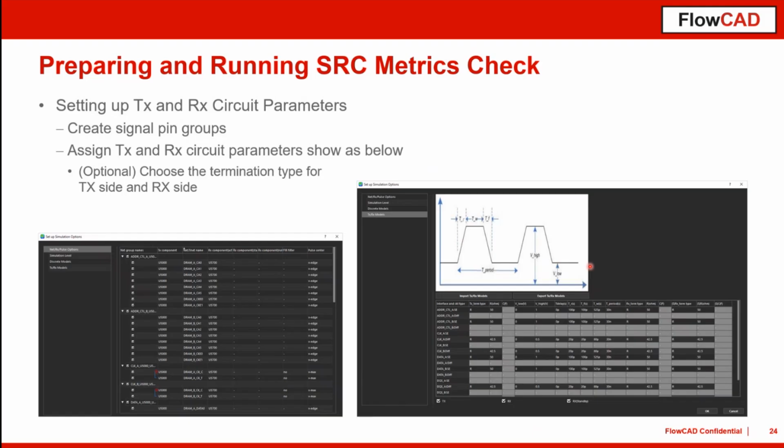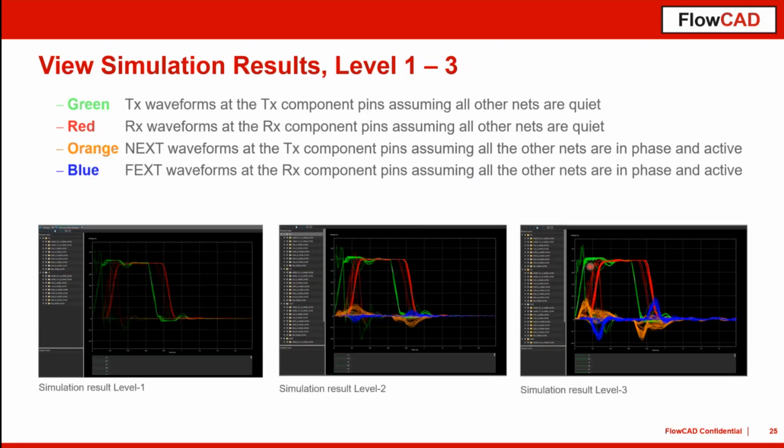So once you run this analysis, we now get the 3 different results based on the 3 levels. On the first level, as shown in the slide before, this is based on an ideal power distribution network, but it includes the transmission line losses, delay, and reflection effects.